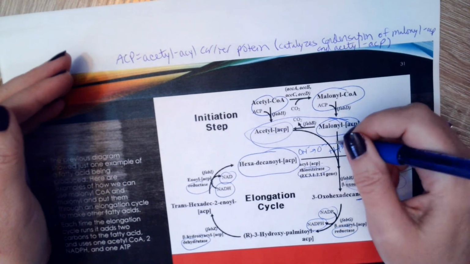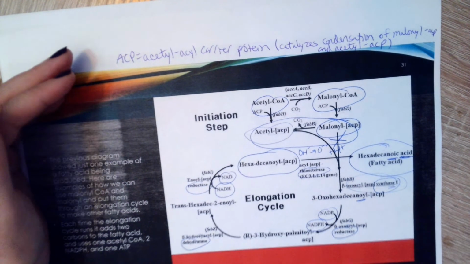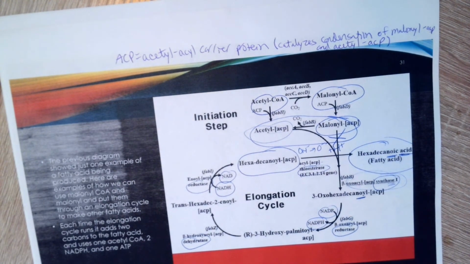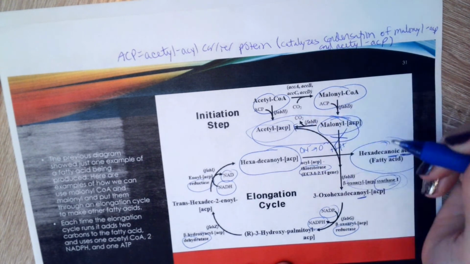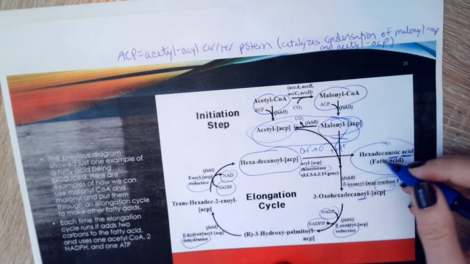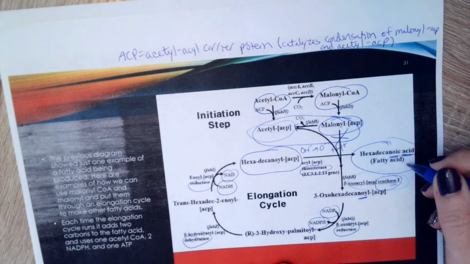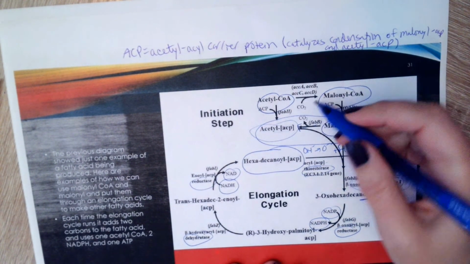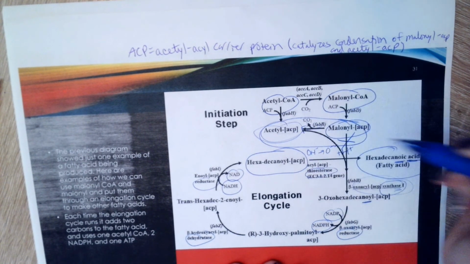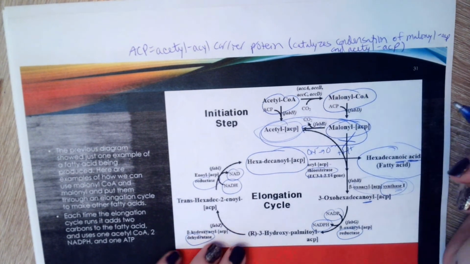That's if you're not going to go this way into the elongation cycle, kind of like a backstop, if you will, an exit ramp to not go through this elongation cycle, not create this fatty acid, but to instead just go over here in a different direction. Okay, that's all we need to think about that.